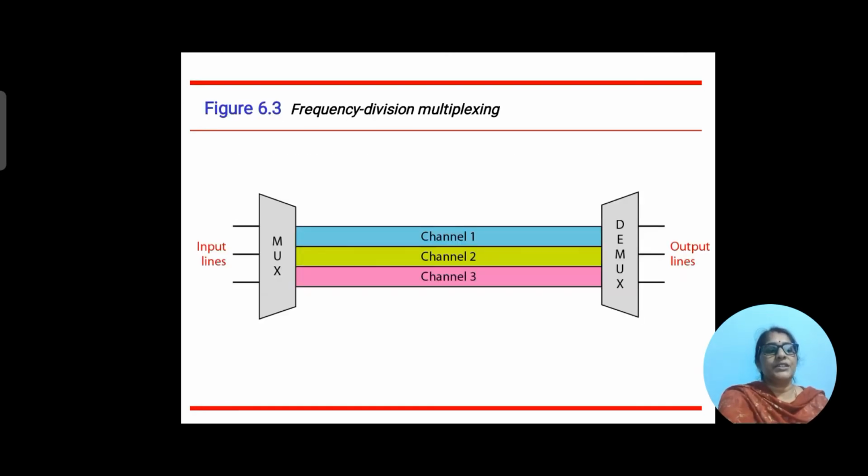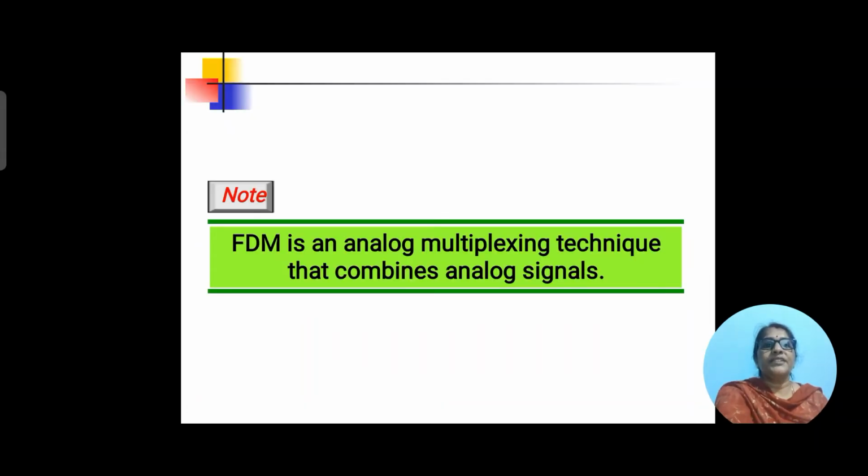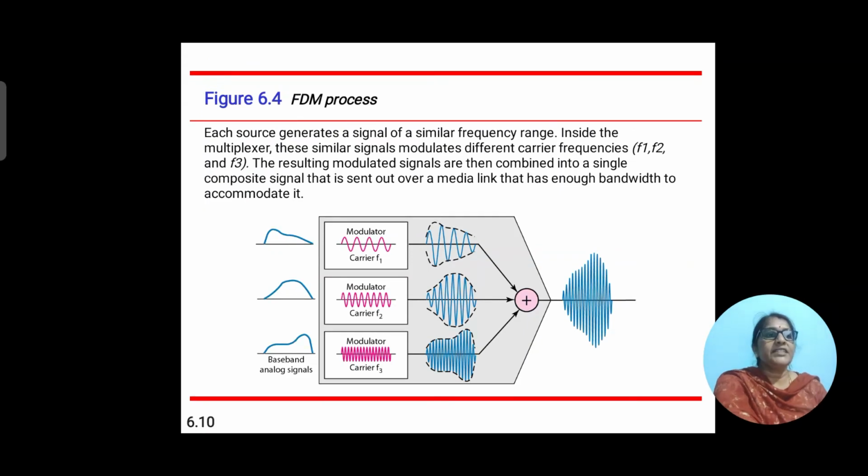So as shown in this slide, in this figure of frequency division multiplexing, the input lines are channel 1, channel 2 and channel 3, and then the output line. So FDM is an analog multiplexing technique that combines analog signals. In the frequency division process, each source generates a signal of a similar frequency range inside the multiplexer.